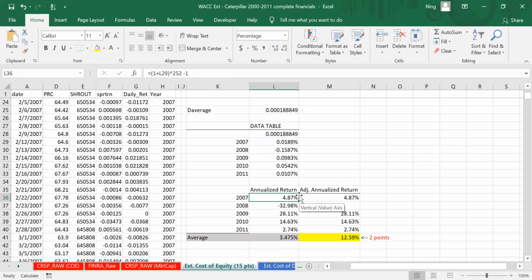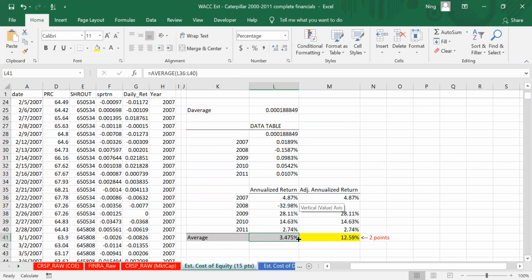And this gives us the corresponding annualized return based on the daily return from each fiscal year. And once you compute the annualized return for S&P from 2007 to 2011, then you can take the average of all the annualized returns to compute the average annualized return.